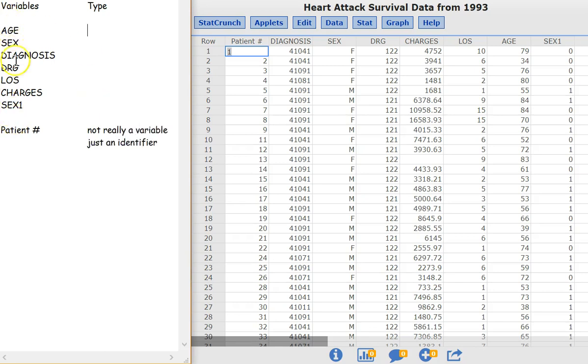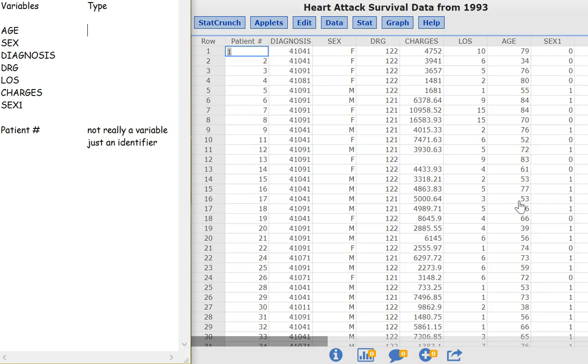Okay, so let's go through this list of variables and determine whether we've got a categorical variable or a quantitative variable. The first one is age. Now, age is a numerical variable and it is quantitative. Now, it's also possible to have categorical variables that are represented by numbers.